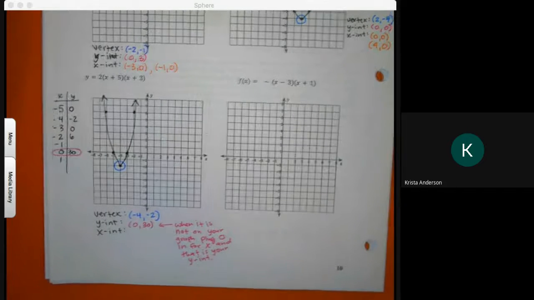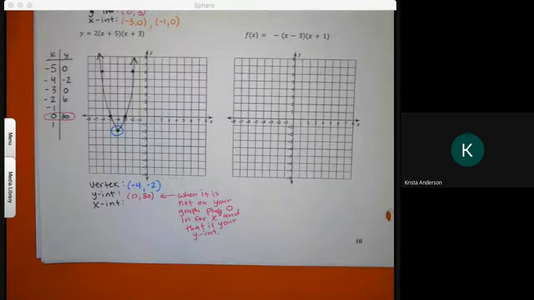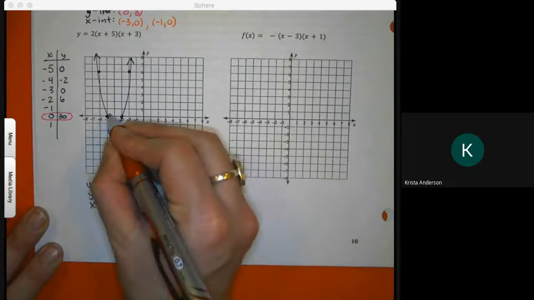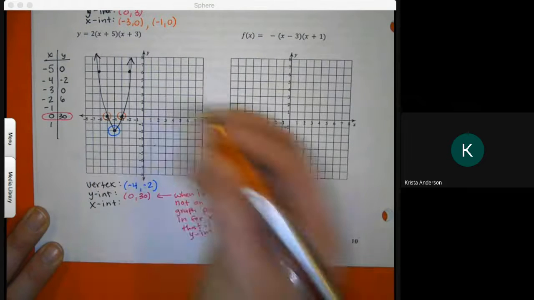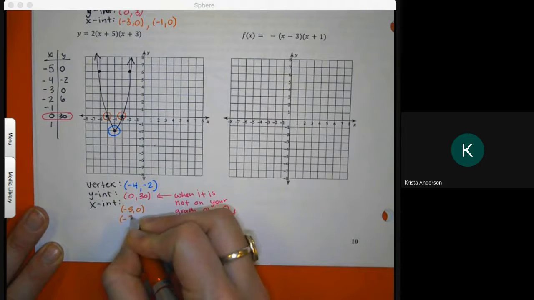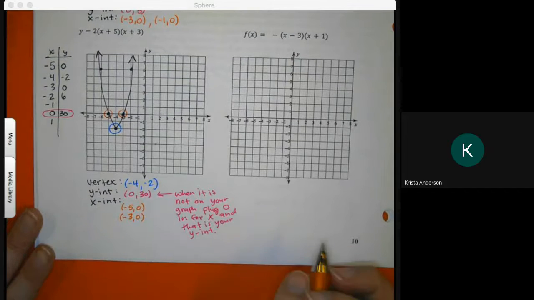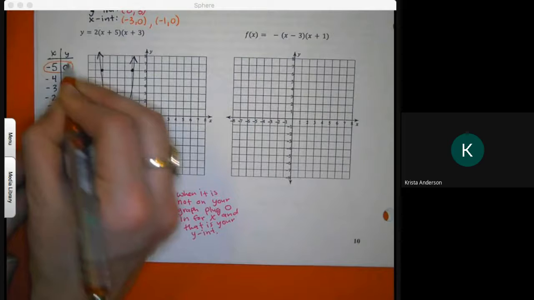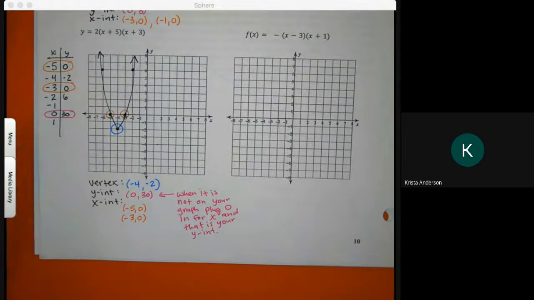So when it is not on your graph, you just plug a 0 in, and that is where your y-intercept will be. X-intercepts. I have one at -5 and one at -3. They appear on my graph and they appear in my table if I have a table off to the side.